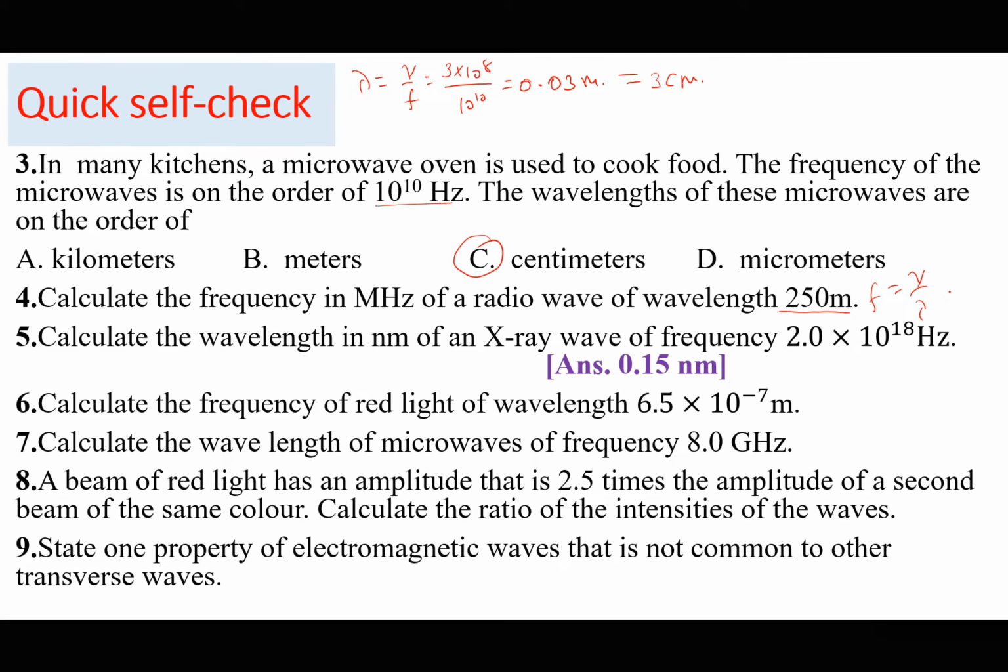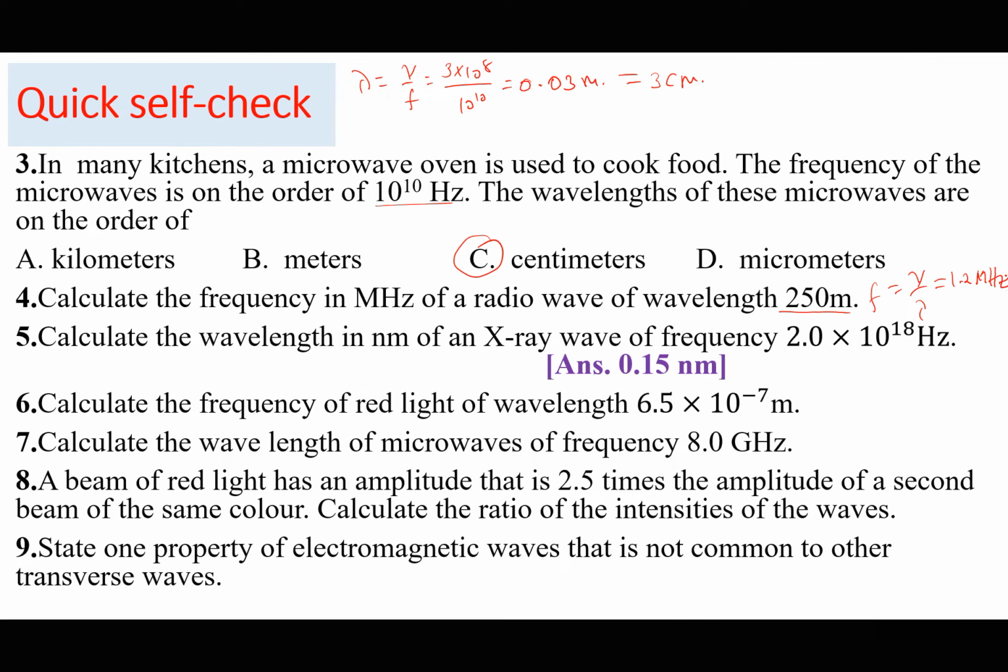Let me just press my calculator. v is 3 exponent 8 divided by the wavelength, which is 250. Then I divide this by mega, which is power 6, so I divide by 1 exponent 6. So the answer here should be 1.2 megahertz.